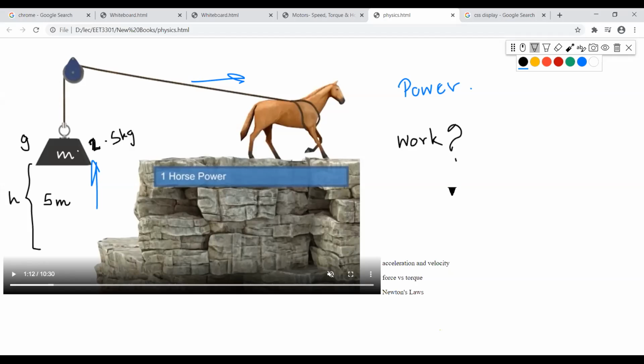If you need any additional details, please let me know in the chat. I hope the question is clear. So the horse is lifting this load, which has a mass of 2.5 kilograms, to a height of 5 meters. Anybody?